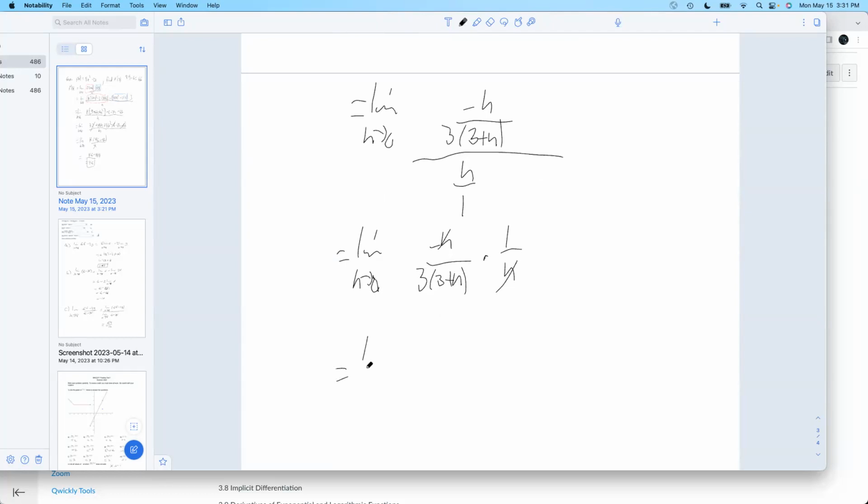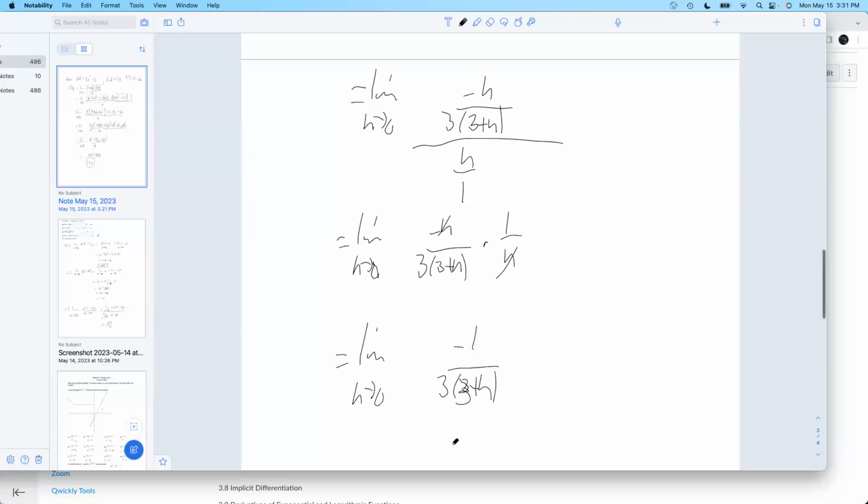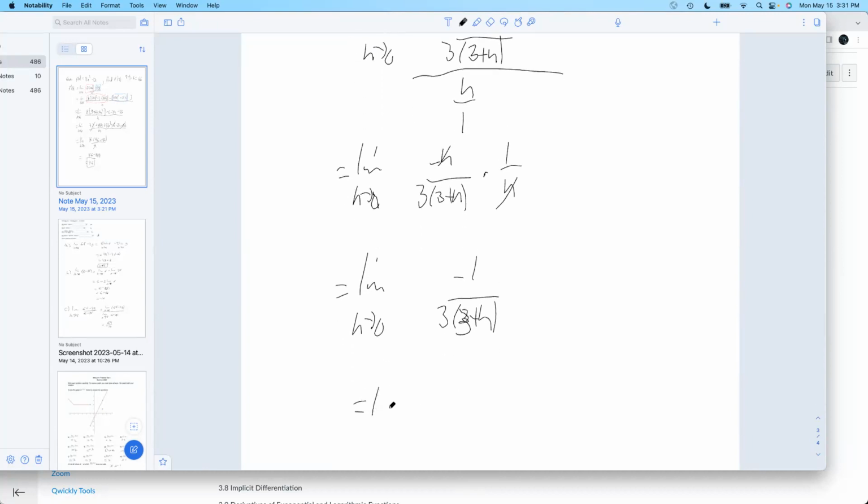And I get limit as h approaches 0 of negative 1 over 3 times 3 plus h. Now that h canceled, I can try again plugging in h equals 0. I won't get 0 in the denominator. Oh, I'm taking the limit now.